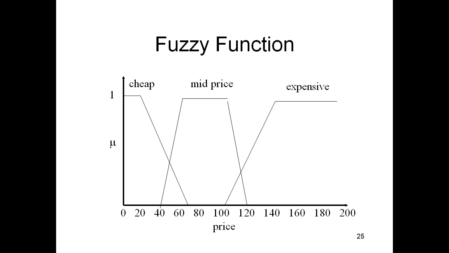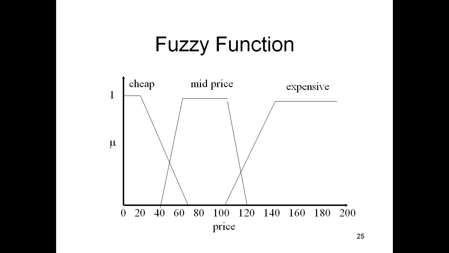And it's already a member of the mid-price range. Some people would say there can also be a mid-price range with a value of 0.1 or something. And if we increase the price steeply, the membership value for mid-price range would go up.